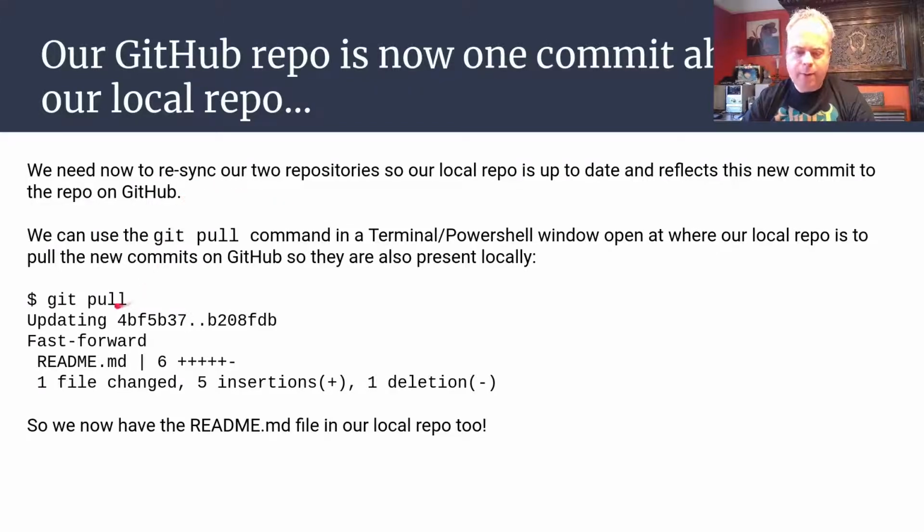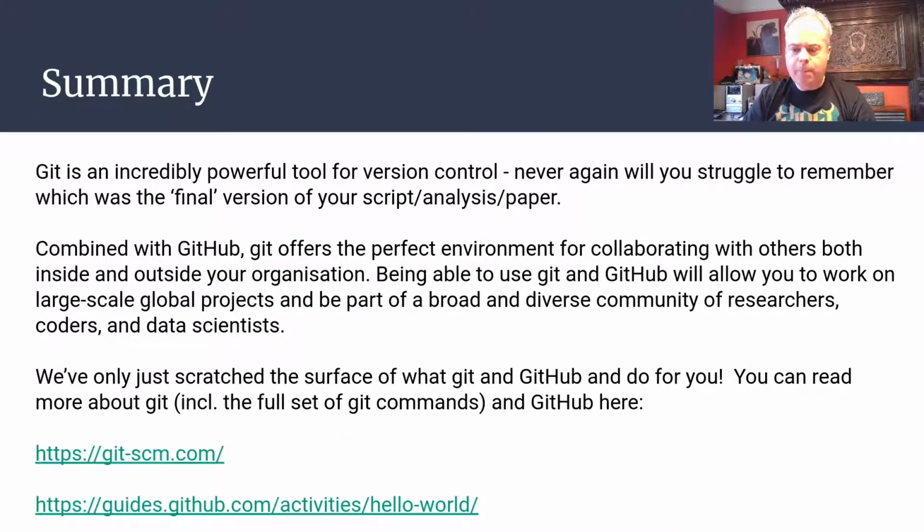You can navigate to the local repository on your computer and then just type git pull, and that'll bring the changes from the cloud and update your repository on your local machine. So your local machine will now have exactly the same contents as what's in the cloud. And it's worth remembering in both cases, you've got your Git history, so you can cycle through all the different iterations of your repository.